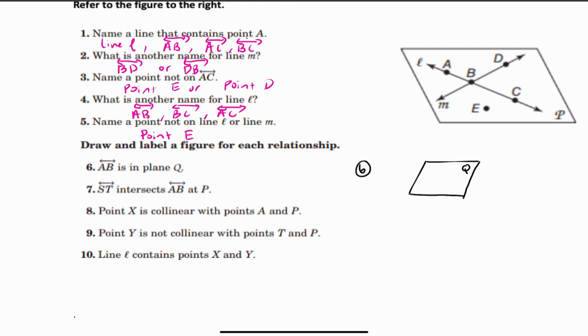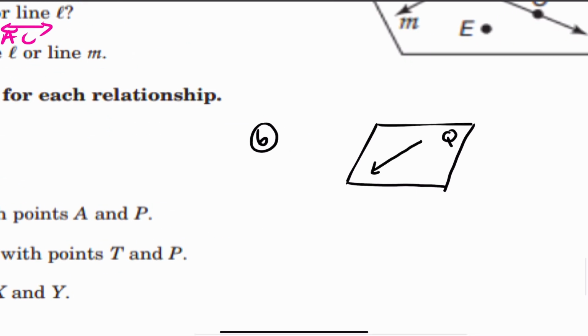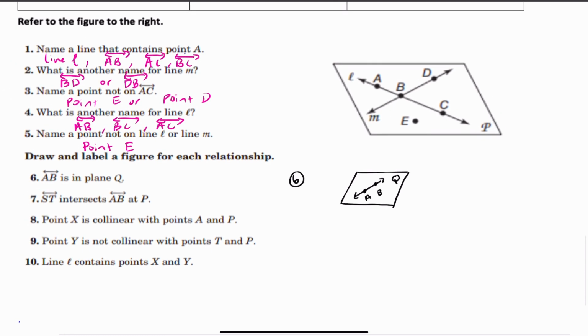And then line AB is in plane Q. Well, I need to have 2 points, so I'm going to draw my line with 2 points and call that AB. And that satisfies number 6.